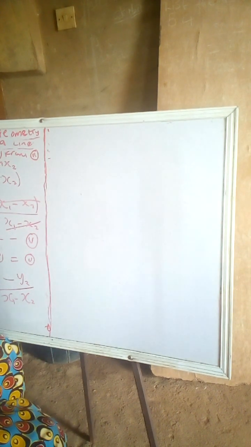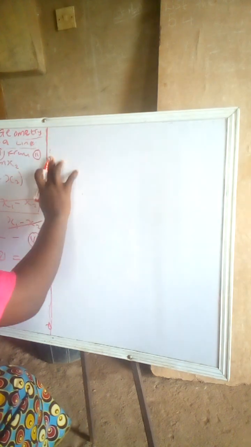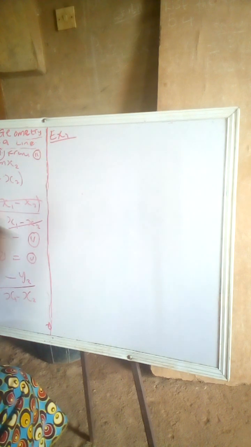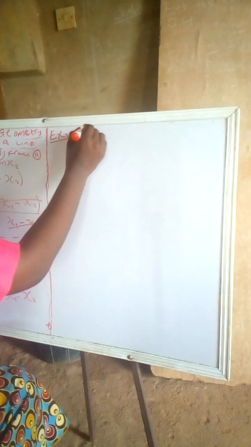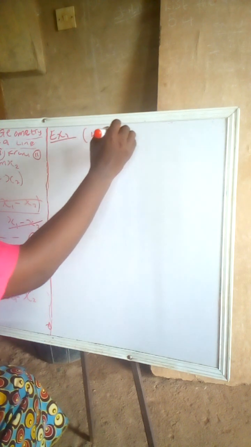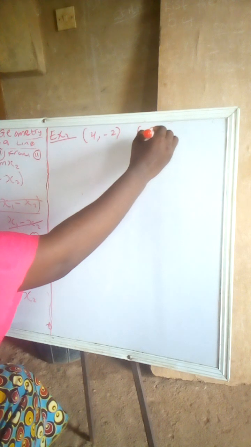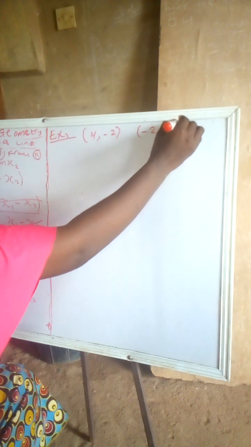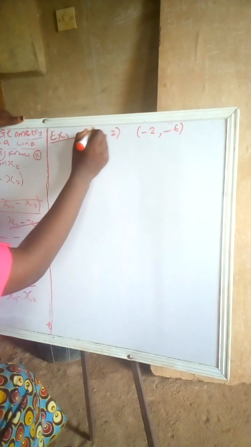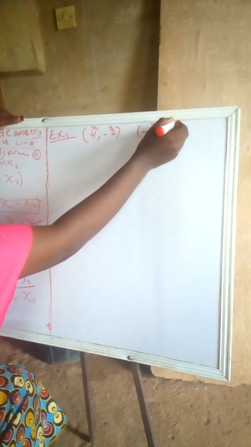The question says, find the equation of the line passing through the points (4, -2) and (-2, -6). So for these coordinates, this is our x1, y1, x2, y2.